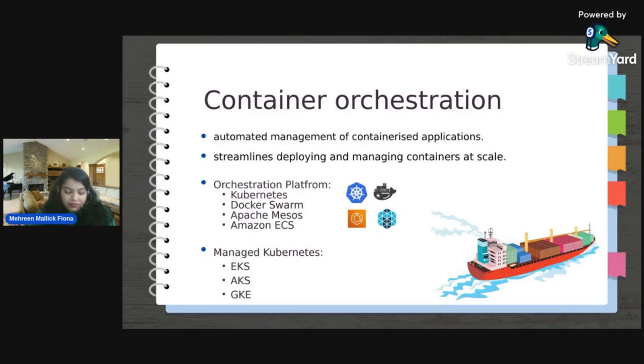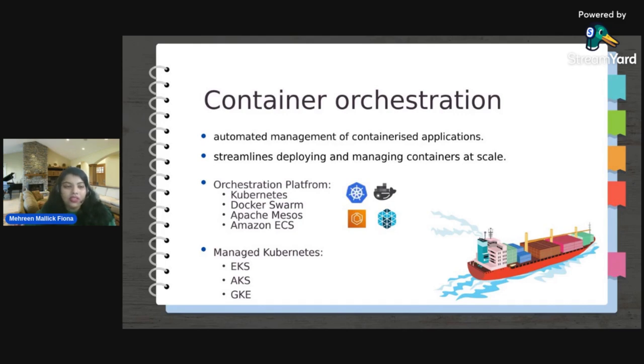Next, we have Docker Swarm, which is designed for simplicity and ease of use. It is deeply connected with the Docker system, and is known for its clustering and straightforward approach related to Docker containers.